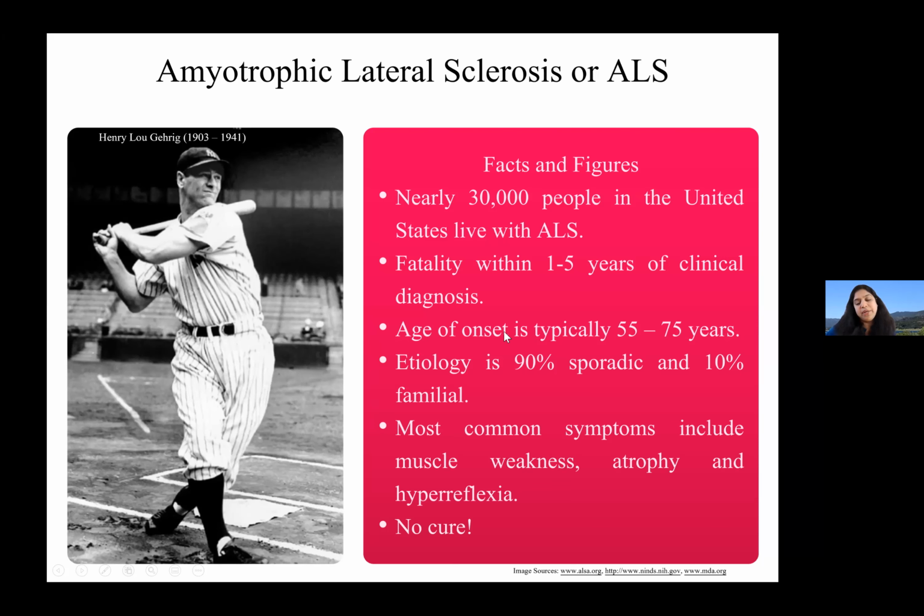And also, it is a late onset disease like most of the other neurodegenerative diseases, but the causes are more or less unknown. So there are some known genetic causes, but 90% of the time, the cause is rather unclear.